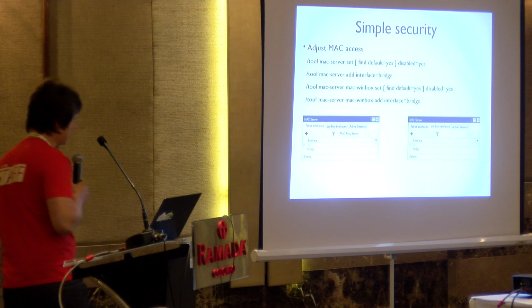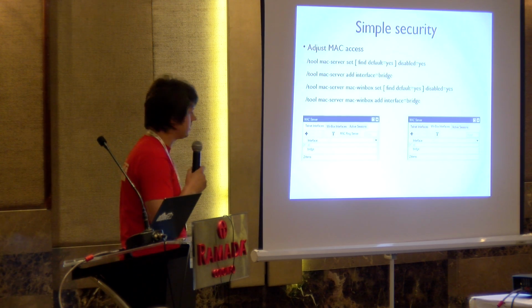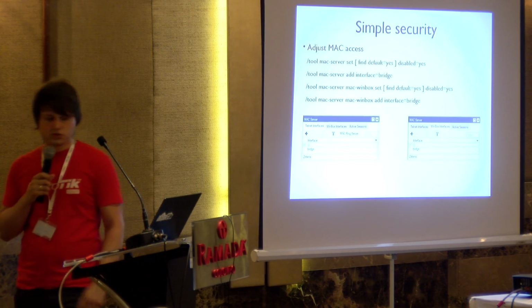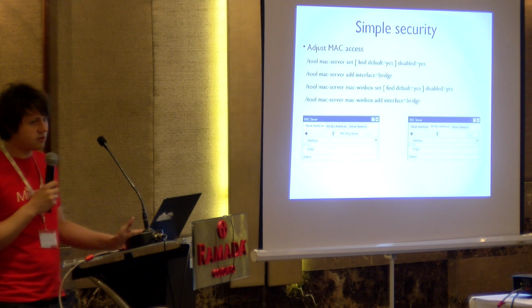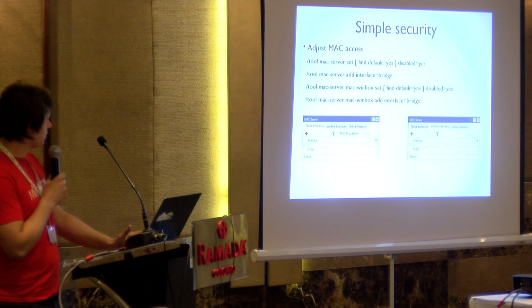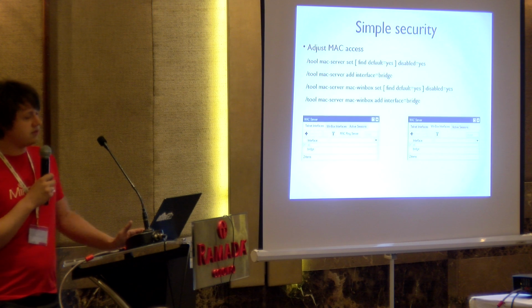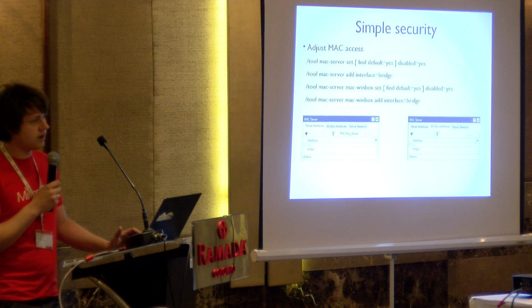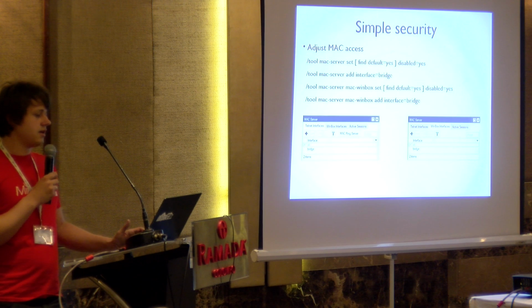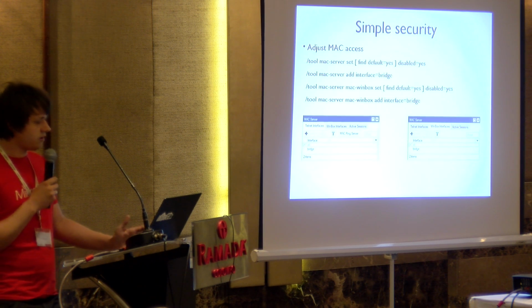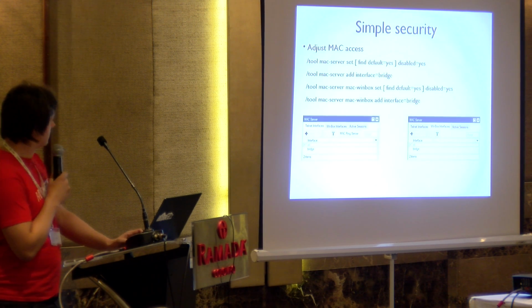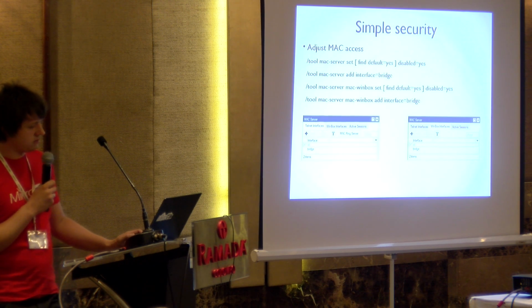RouterOS also provides access using not only layer 3 but also layer 2. This means that even if you don't have any IP addresses on your router, you can still connect to your router using the MAC address. And this can be done in two ways.